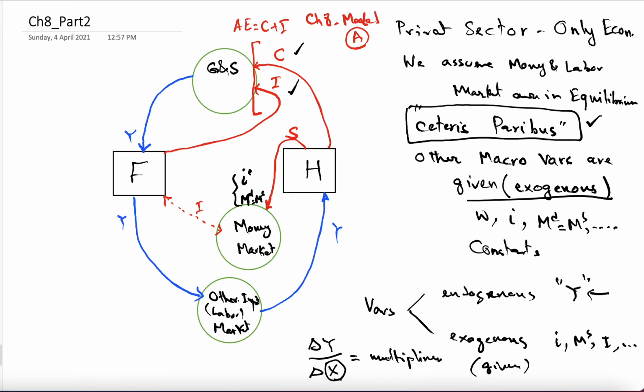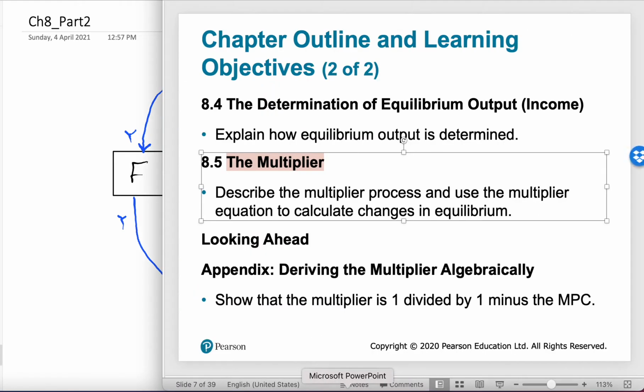I jumped to explain that prematurely, but if you be patient, we're going to describe the multiplier process of how a change in an exogenous variable may cause a change in the equilibrium level of output or income.